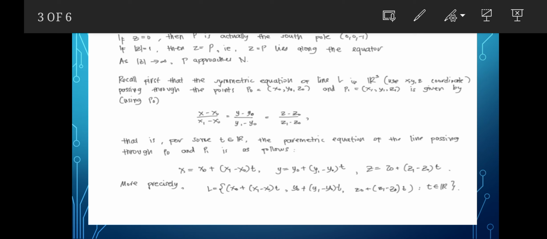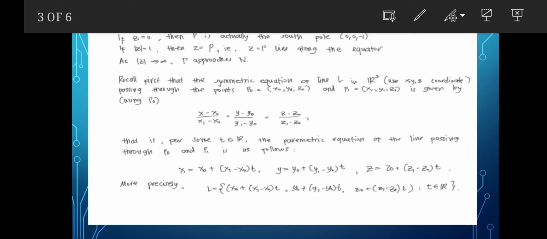We recall first the symmetric equation of a line L in R cubed using XYZ coordinates, passing through the points P sub 0, equal to (x sub 0, y sub 0, z sub 0), and P sub 1, equal to (x sub 1, y sub 1, z sub 1).